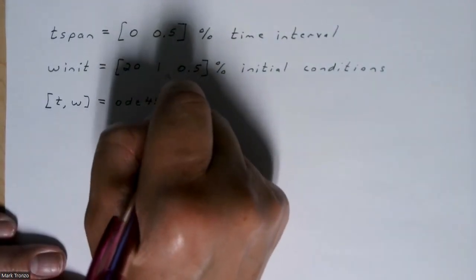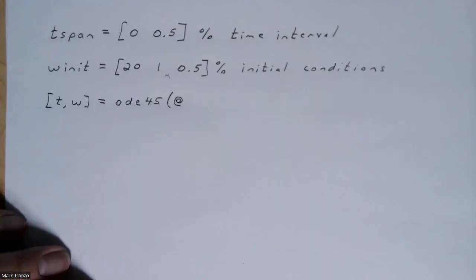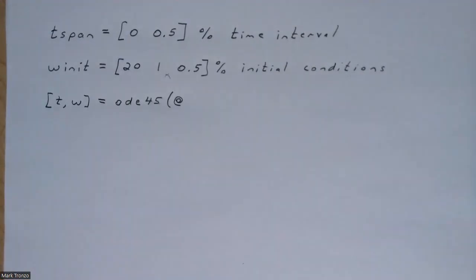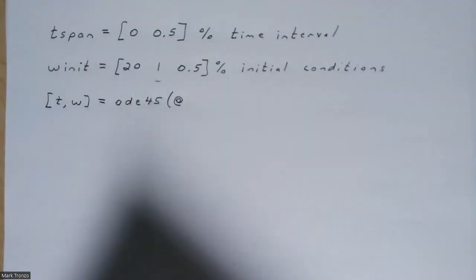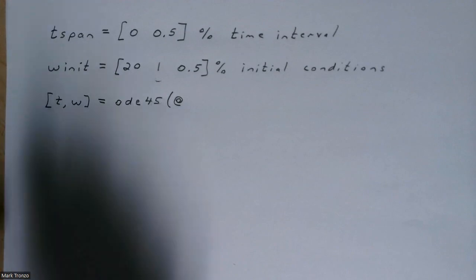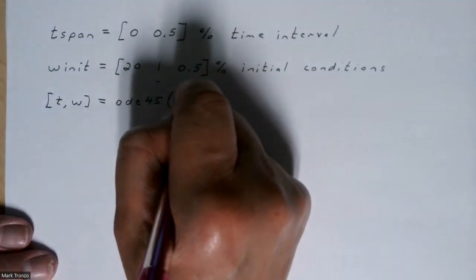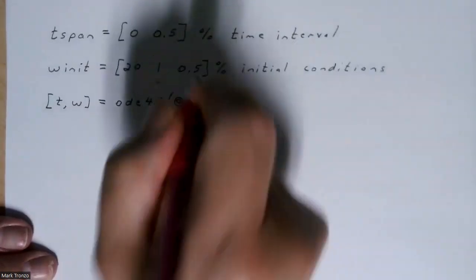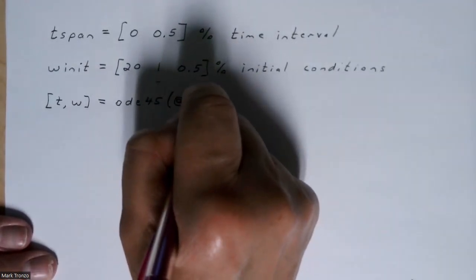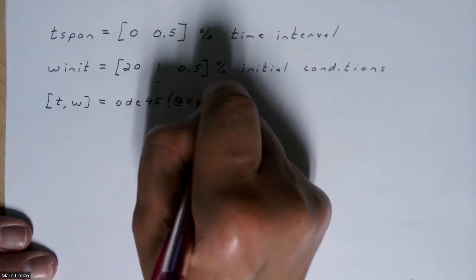And then over here, put at and put whatever your function name was. And I called our function equation1. You have to write it exactly like that. Whatever name you gave it, and you can give it any name, but it has to be written exactly the same way.